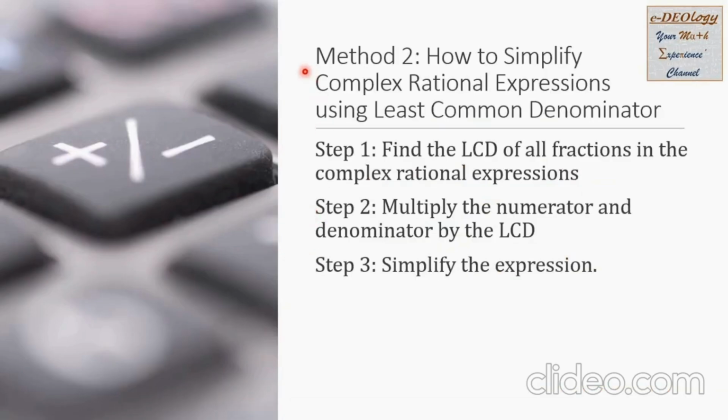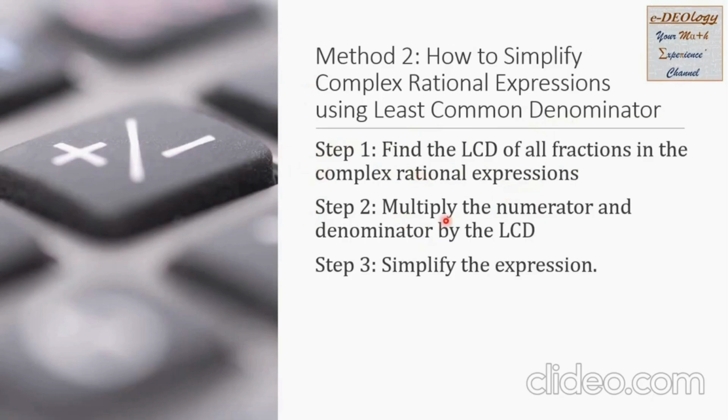Let us discuss now method 2, how to simplify complex rational expressions using least common denominator. We have 3 steps. Step 1, find the LCD of all fractions in the complex rational expressions.